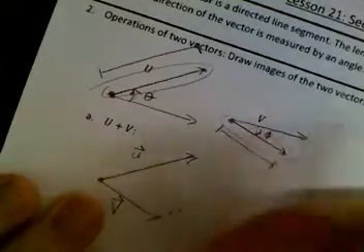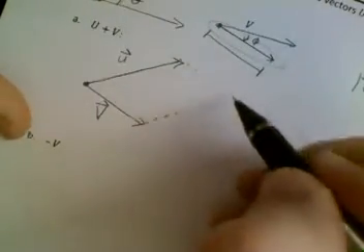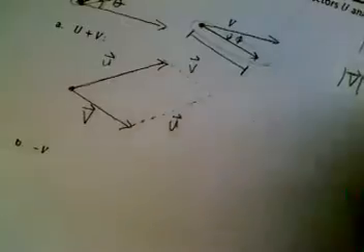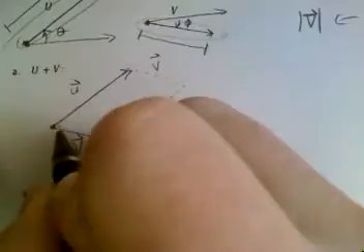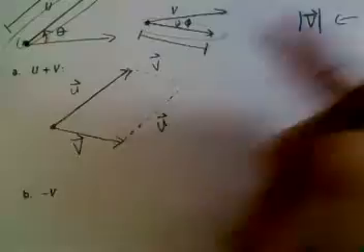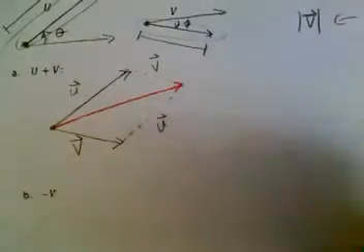If you notice, when I connect these and I draw those dotted lines, I have created myself a parallelogram. Really, this v, I've copied it here as well, and this u, I've copied it over here as well. When I do that, you'll notice that right in the middle, and I'm going to draw this in red, is this thing right here.